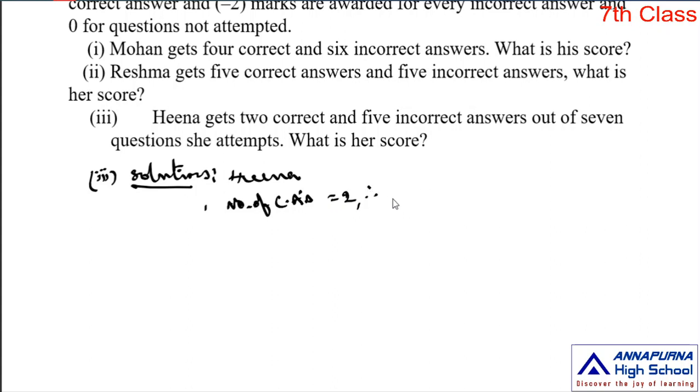Therefore, marks for 2 correct answers is equal to 2 into, how many marks are awarded for every correct answer? 5. Therefore 2 into 5 is 10. So next, number of incorrect answers.